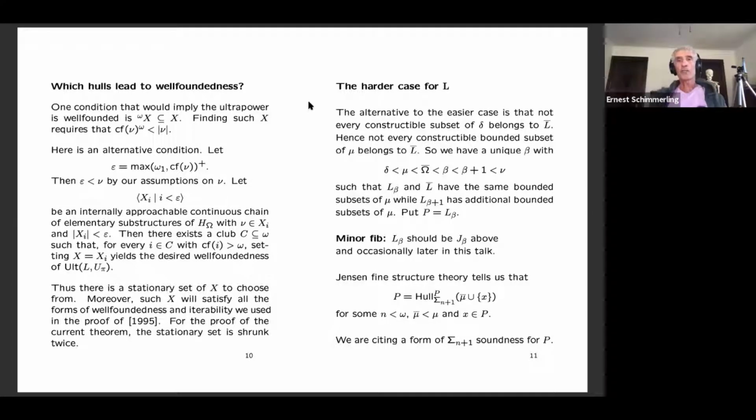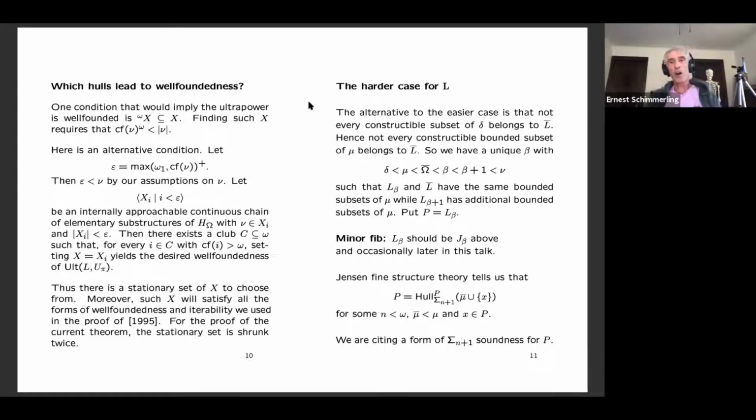The alternative to the easier case is that not every constructible subset of delta belongs to L bar. Hence, not every constructible bounded subset of mu belongs to L bar. So there's a unique beta where you add such a constructible subset, a bounded subset of mu that doesn't belong to L bar. And so we have delta less than mu less than omega bar.